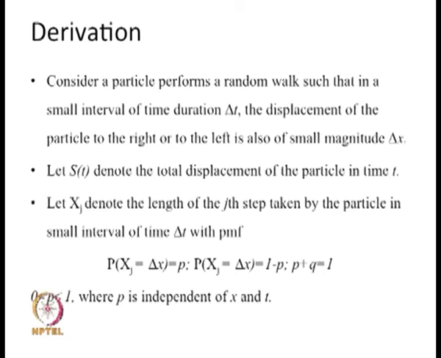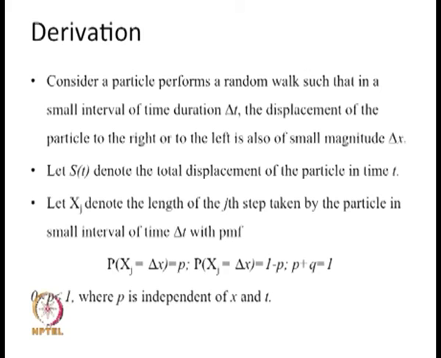Now partition the interval of length t into n equal subintervals of length delta t. Then n times delta t becomes t, and the total displacement S of t is the sum of n IID random variables xj.